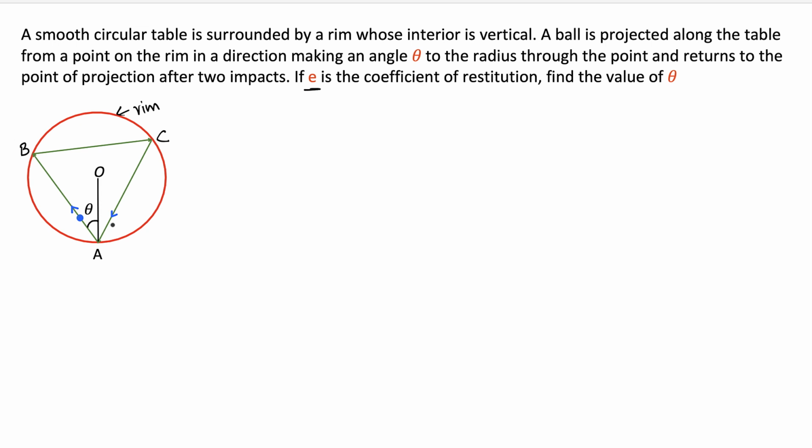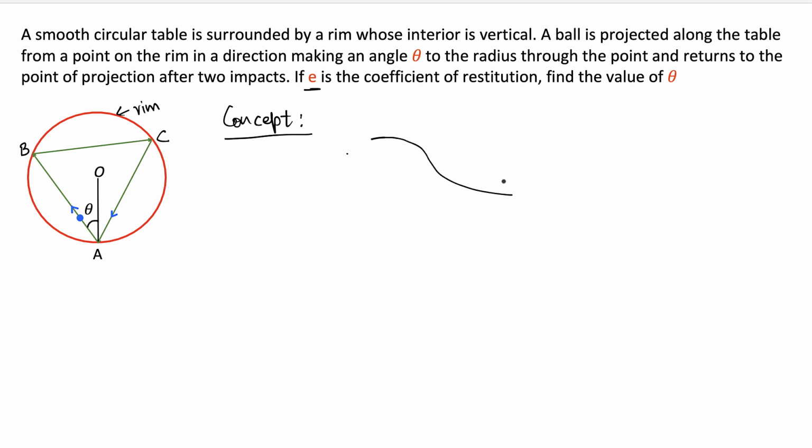Okay, so let's start solving this problem. First thing is, there is some concept that I need to give you. You might already be knowing, but still. So when, let's say, there is a surface, I will take an arbitrary surface.